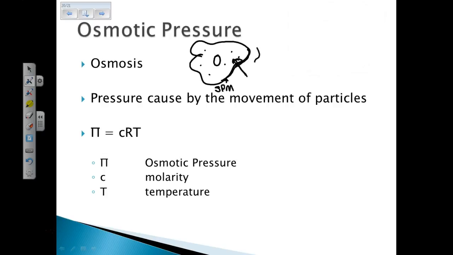And on the outside, you have a different concentration of that same liquid. The solvent will flow from the lower concentration to the higher concentration to try to even out the concentrations. In a perfect world, osmosis will make this the same as this.